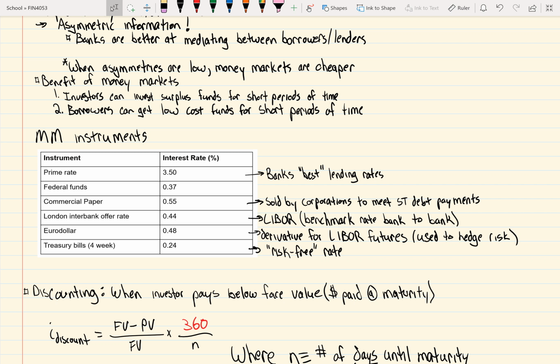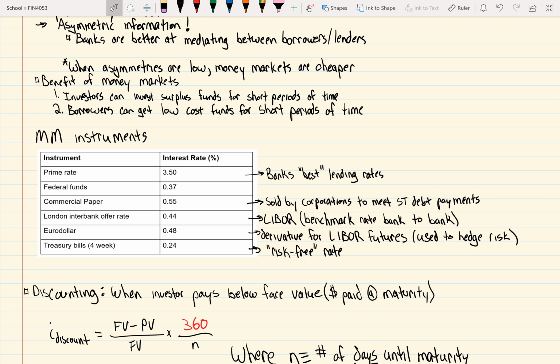And now the Eurodollar is when corporations in the United States keep money in banks that are outside of the United States or in Europe. And this is a derivative for LIBOR futures. As we talked about in chapter 9, I believe it was, it's just a financial instrument, essentially.